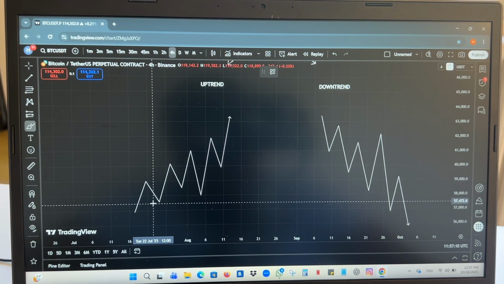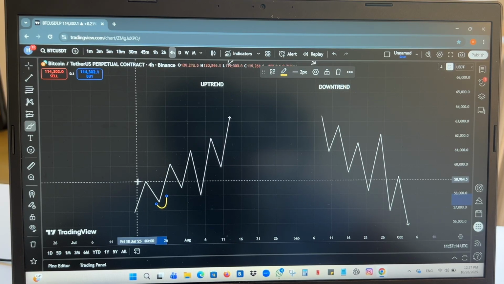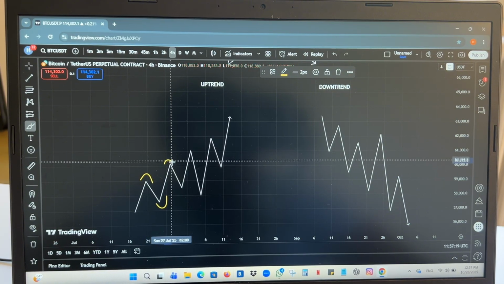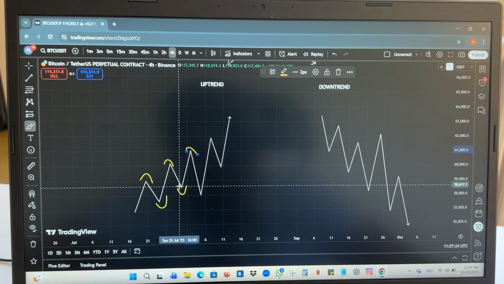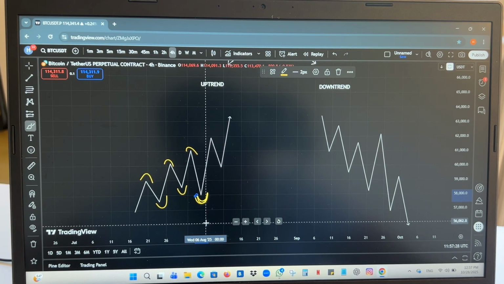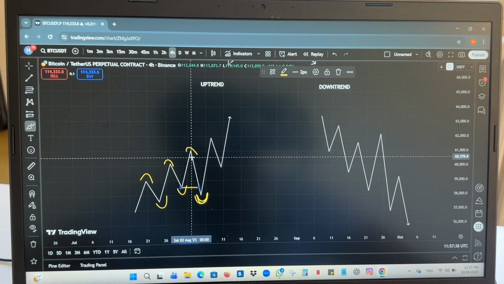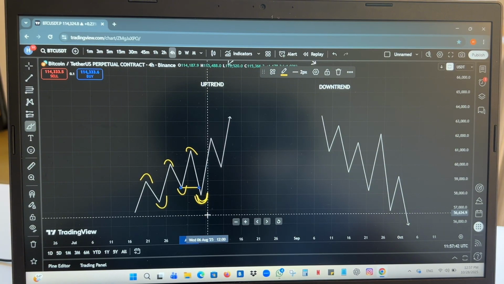So in simple terms, when you identify an uptrend, just mark out the pattern of the path of the uptrend. This is the high, this is the high low, this is the high, this is the high low, high. And when you're marking this high low, you can actually identify that it has gone a bit lower than the previous high low.